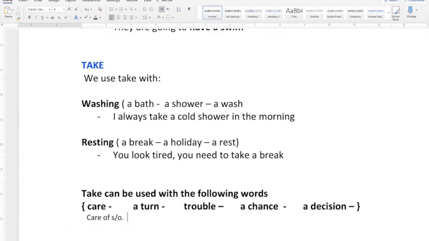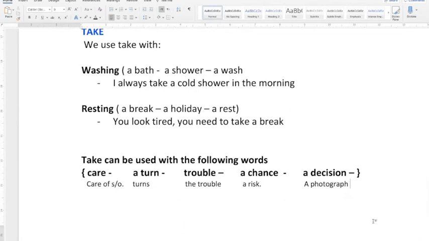Okay, so when we talk about the turns, we can say taking turns. We can say take trouble. And then you can take a chance or you can take a risk. Then you can take a decision or you can take a photograph. So these are some of the verbs that we can use with the lexical verb.